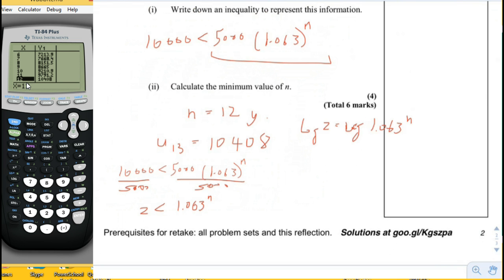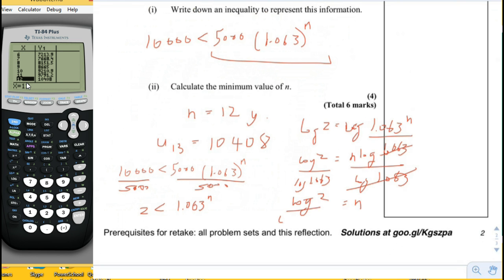And then log of 1.063 to the n is the same as n log of 1.063. And then we can divide both sides by log of 1.063. And now we just have n equals log of 2 divided by log of 1.063.